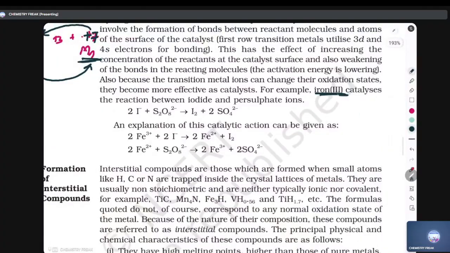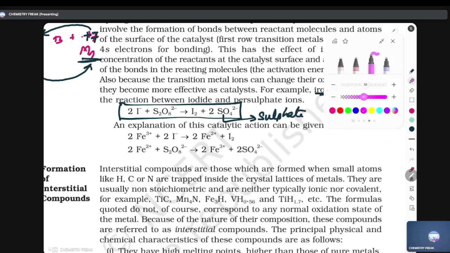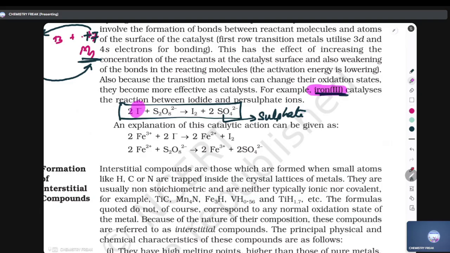இங்க பாருங்க இந்த ரியாக்ஷன்ல அயன் 3 தான் கேட்டலிஸ்ட். This is the reaction. Iodide reacts with persulfate and it becomes sulfate. How does it happen? This fellow iron will first combine with this fellow and he will become iron 2 plus.